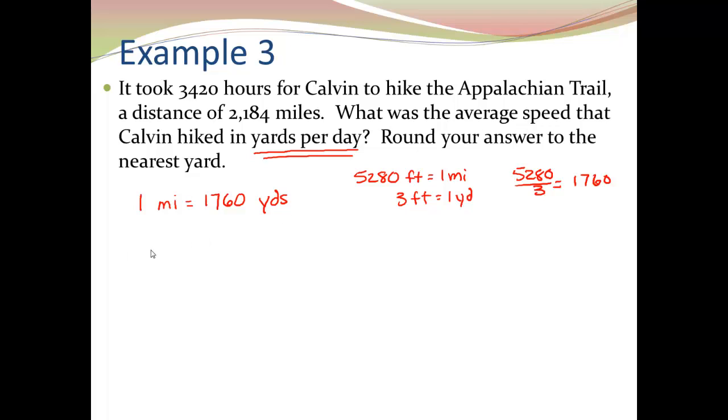When we're talking about speed, we're talking about a rate, miles per hour, feet per second, that kind of thing. So we're going to take our distance, which is 2,184 miles, and we're going to put it over 3,420 hours.